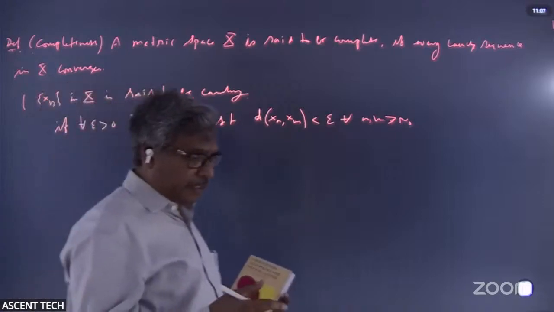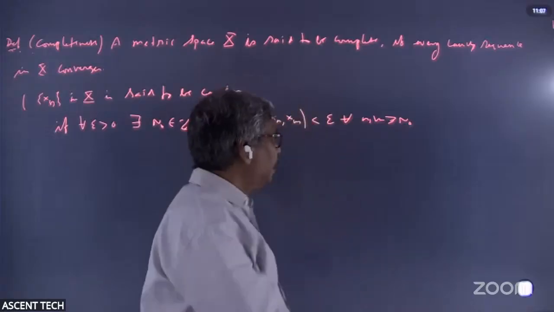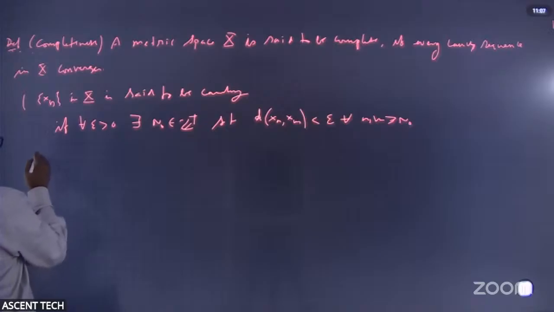So the interpretation is that the terms of the sequence are coming close to each other. That's what Cauchy means. And here is a little lemma.